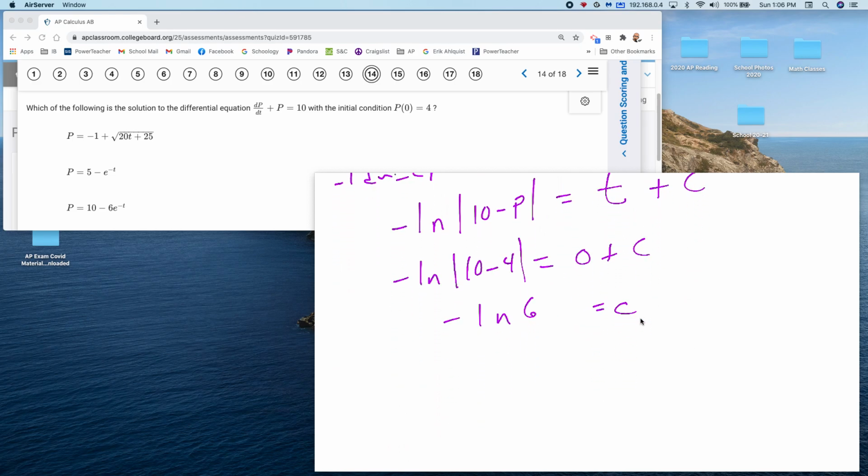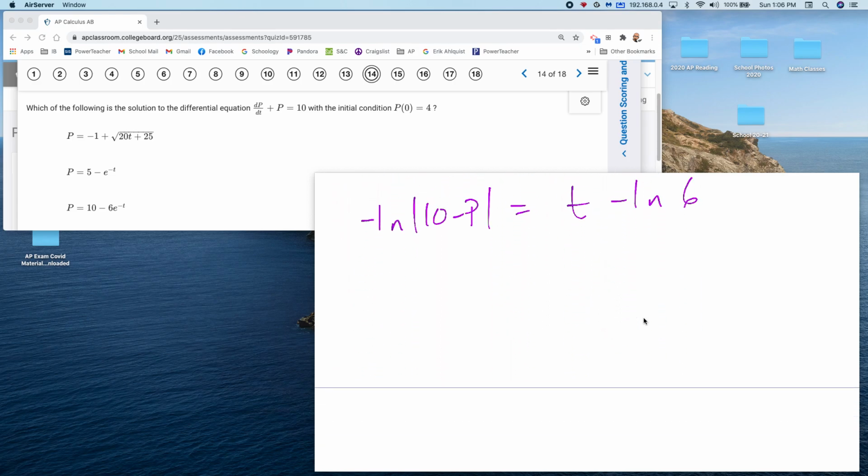If you take this one, now I have negative natural log 10 minus p equals t minus the natural log of 6. If I'm doing this on a free response question, I'm going to do the following.